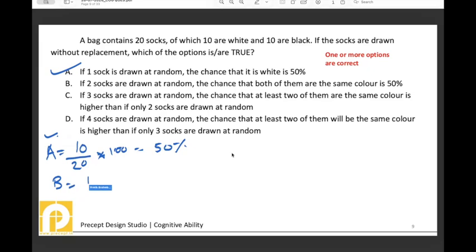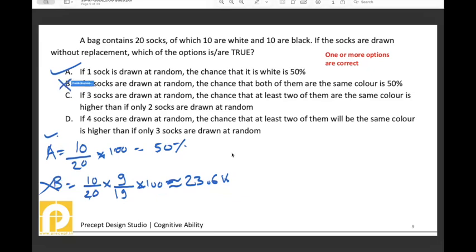So B says first draw you have 10 white socks and 20 total. When I come to the next draw, I will be left with 9 white socks, assuming one goes down, and then 19 total socks. And then, of course, you convert it to percent. This will be approximately equal to 23.6%. So no, B is wrong.